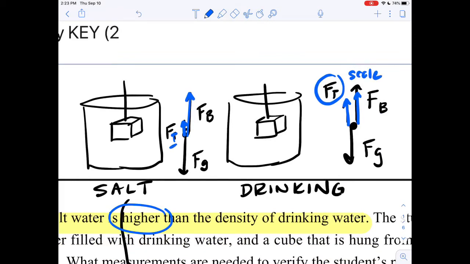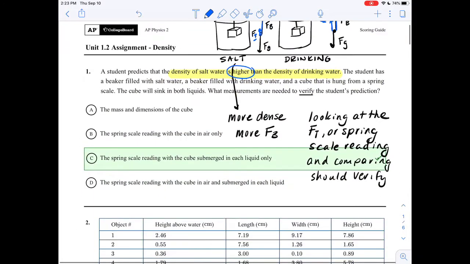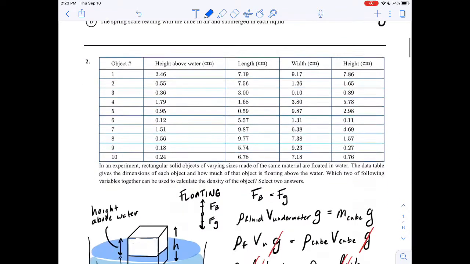So by comparing what the scale reads, I can figure out which one has more buoyant force, and the one with more buoyant force is going to have more density. So, I wrote that here. More dense, more buoyant force. By looking at the tension force or spring scale reading, we can compare those and we can verify which is more dense. So answer C.